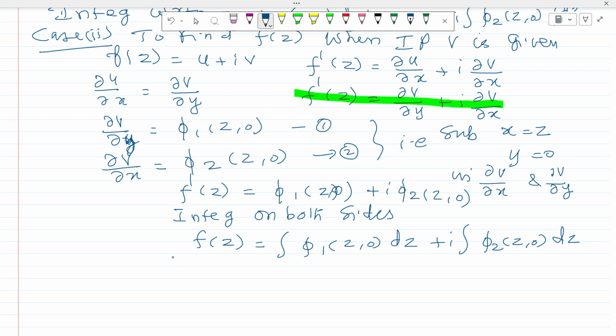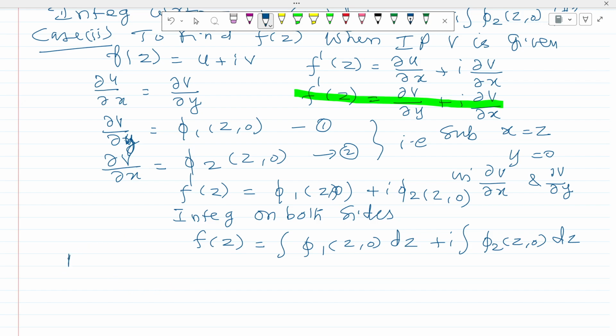Now we have seen that if the real part is given or the imaginary part is given, how to find the analytic function f of z. Then how to find the harmonic conjugate?